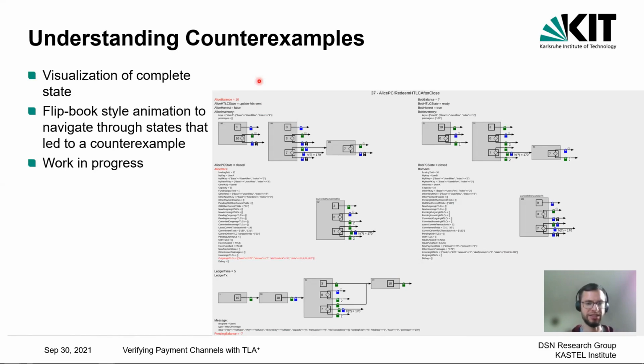So this visualization is still a work in progress because I'm still working on how to show only the relevant parts for a developer and to make the state as easily understandable as possible.